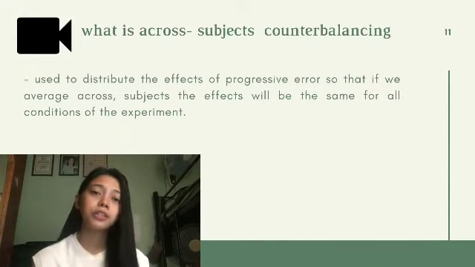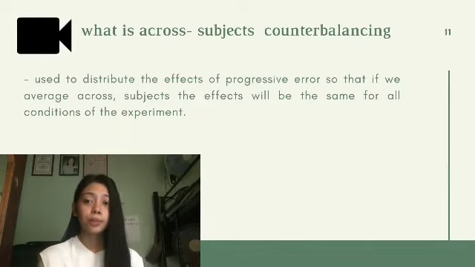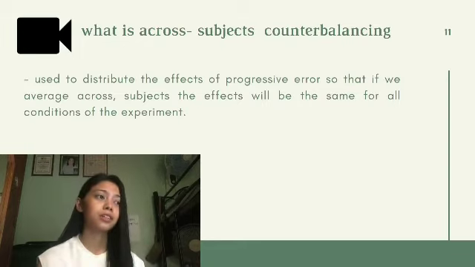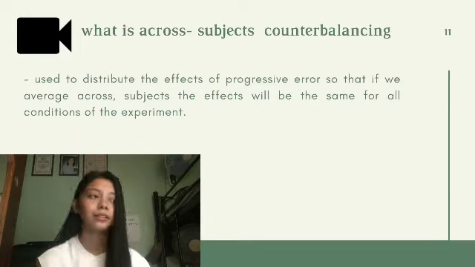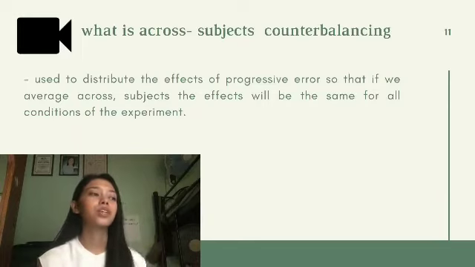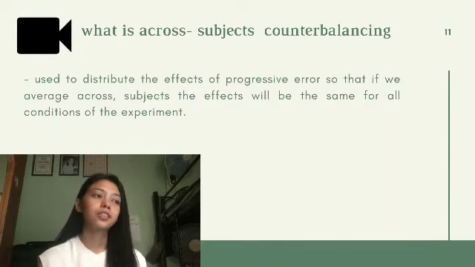A while ago, we discussed subject-by-subject counterbalancing, which contains two types, reverse and block. Now we will discuss cross-subject counterbalancing, used to distribute the effects of progressive error so that if we average across subjects, the effects will be the same for all conditions of the experiment.